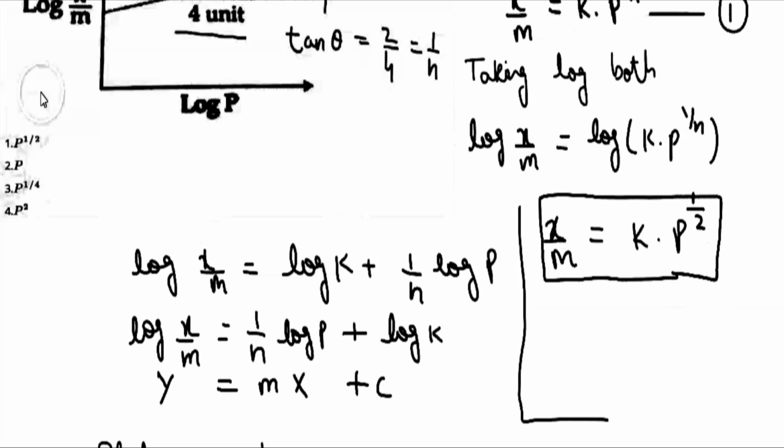So option 1 is correct. That is, n is equal to 2 and x by m is equal to k times p to the power 1 by 2, and proportional to p to the power 1 by 2. Thank you.